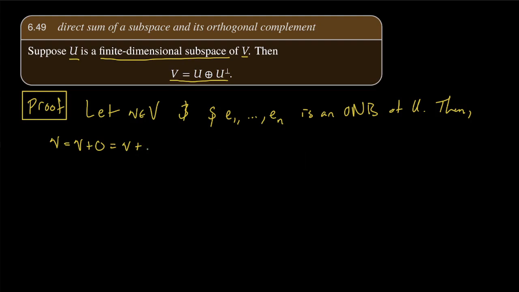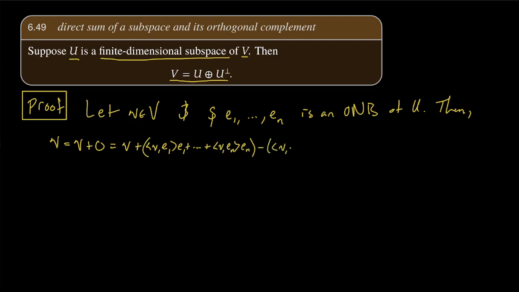I'm going to write this as V plus, in particular, U, and then I'm going to write it as some W. Well, let me just write it, then I'll label everything. I'll write this really quick. So I'll take the inner product of V with E1 times E1 plus ... all the way down through the inner product of V with En, scaling En, and then I'll subtract the exact same thing off.